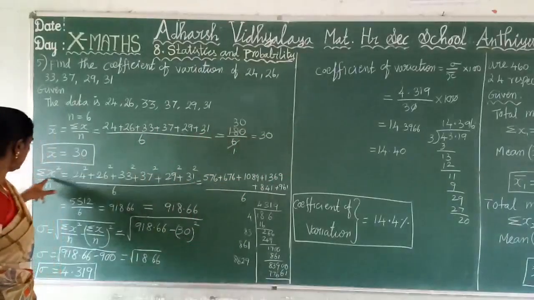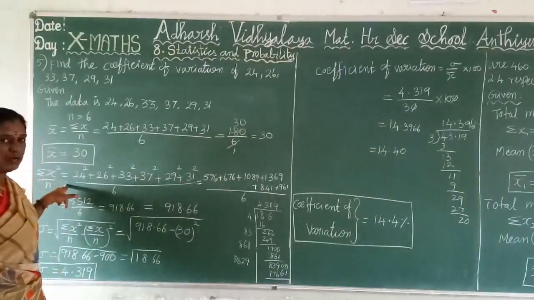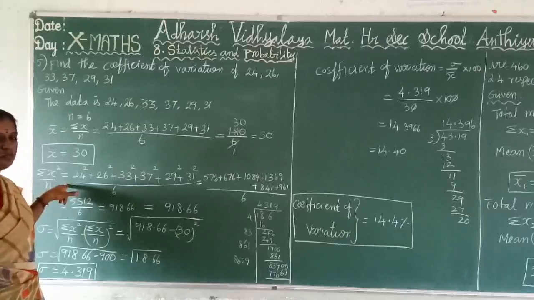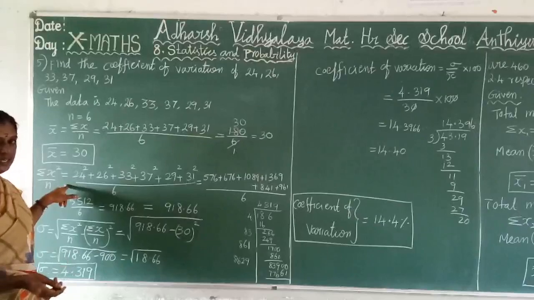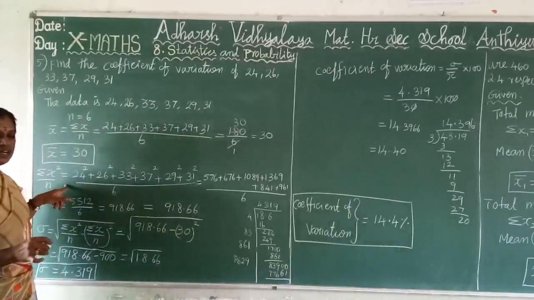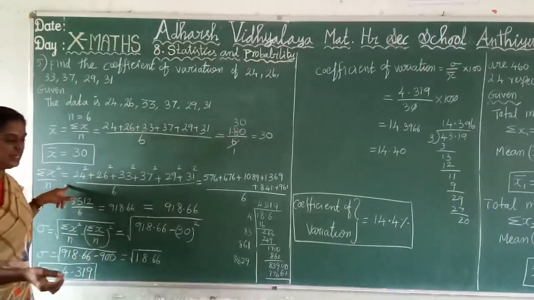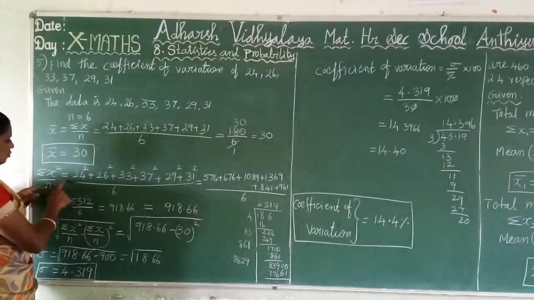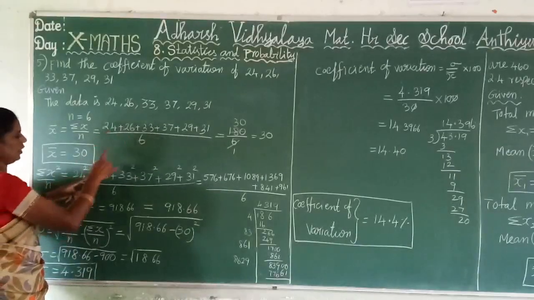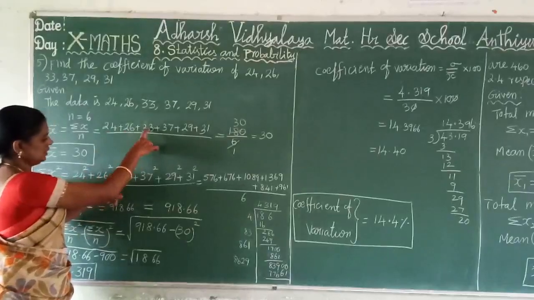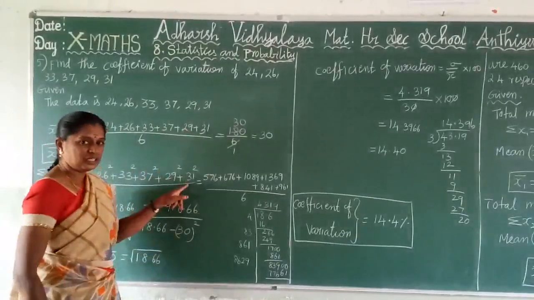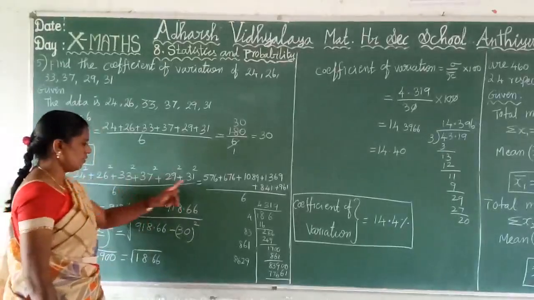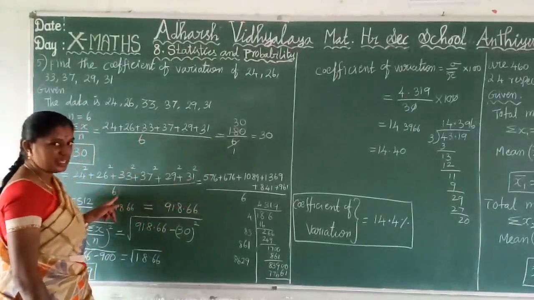Clear? Next we need sigma. For sigma, we first have to find summation x square by n minus summation x by n whole square. Summation x square means each data value squared and then added. So summation x square by n is 24 square plus 26 square plus 33 square plus 37 square plus 29 square plus 31 square, added and divided by n.